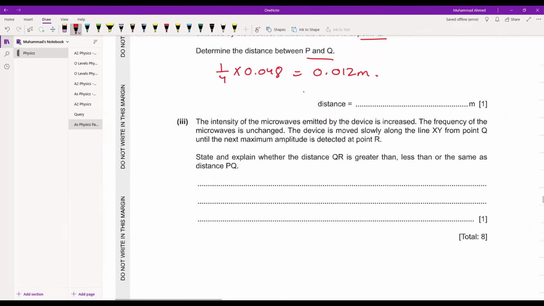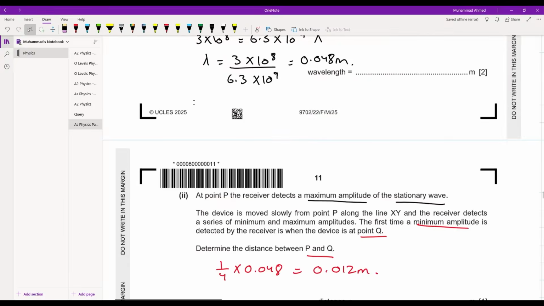Simple. The intensity of the microwave emitted by the device is increased. The frequency of the microwave remains unchanged. The device is moved slowly along the line XY from point Q until the next maximum amplitude is detected at point R. State and explain whether the distance QR is greater than, less than, or the same as PQ. Let's see what is happening.